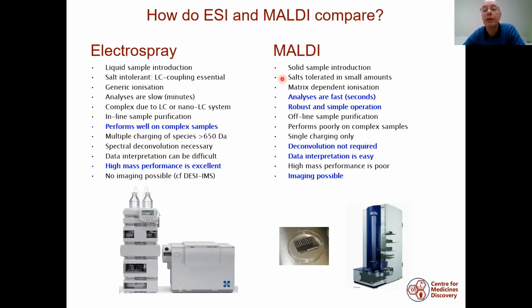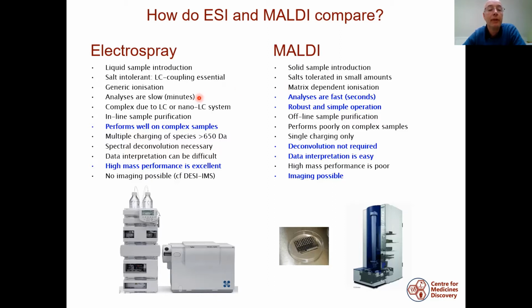In MALDI, you don't need to do that. It will tolerate relatively small amounts of salt. Electrospray ionization, I would describe as a completely generic technique. It works extremely well with almost anything you want to analyze. As I've mentioned, MALDI can work quite well, but it is matrix dependent, so you must choose the correct matrix.